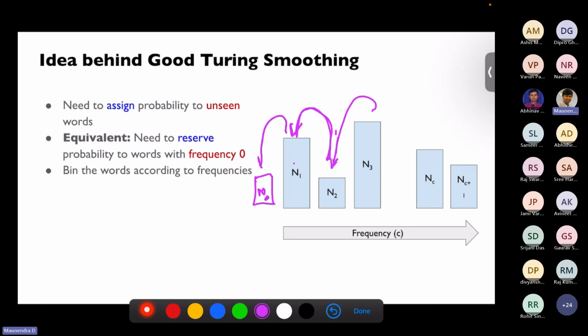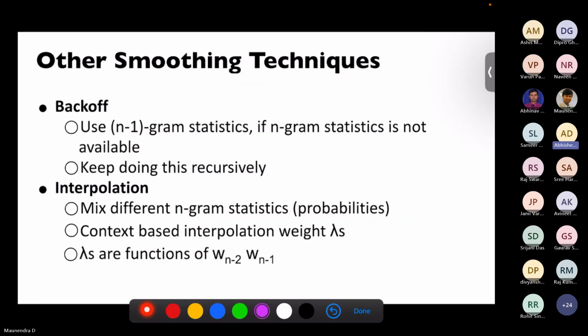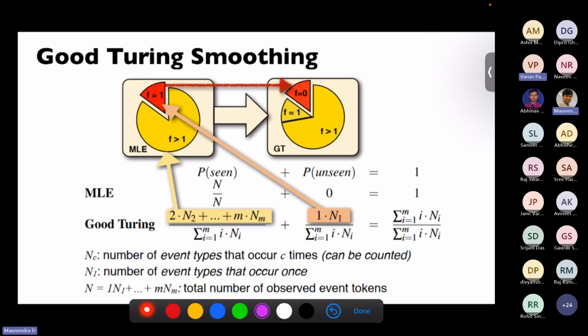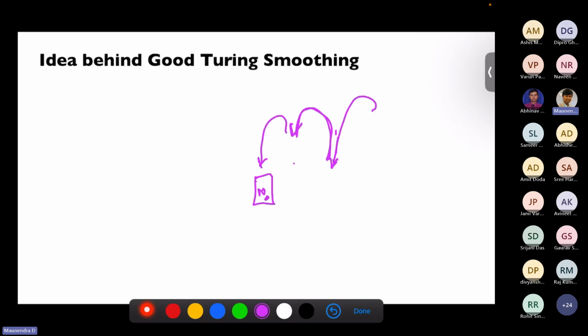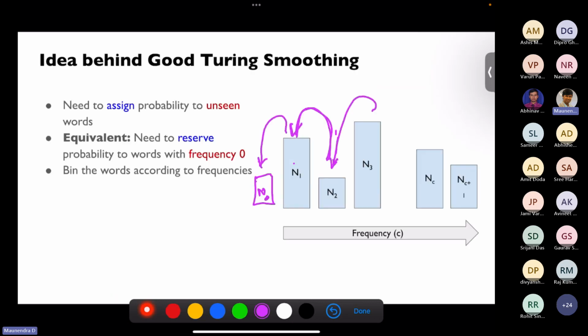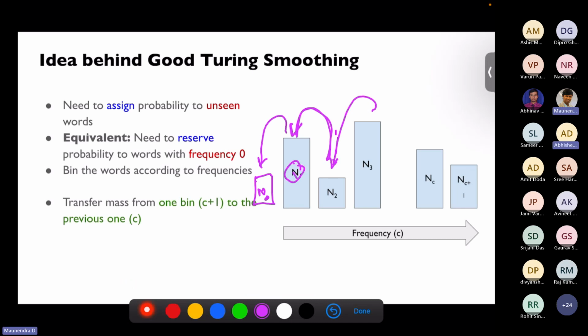But sir, for frequency, then what would be n0 in that case? So for f equal to 0, we get the values from f equal to 1. That is what is happening here. So for n equal to 0, the counts in 1 are coming.